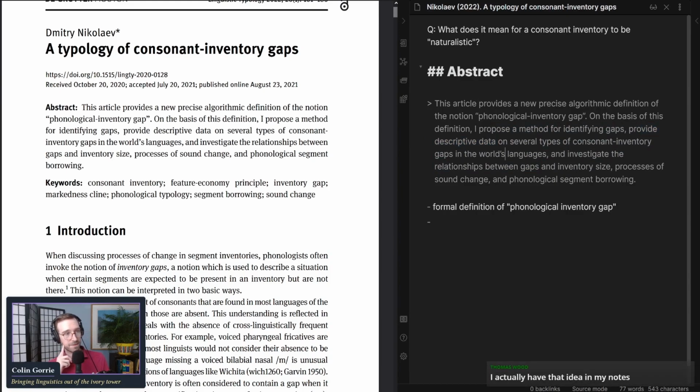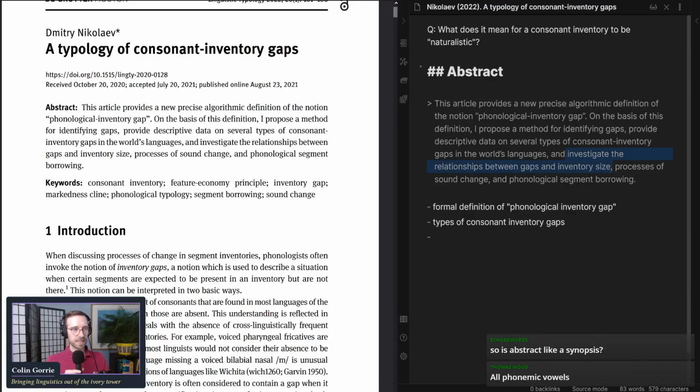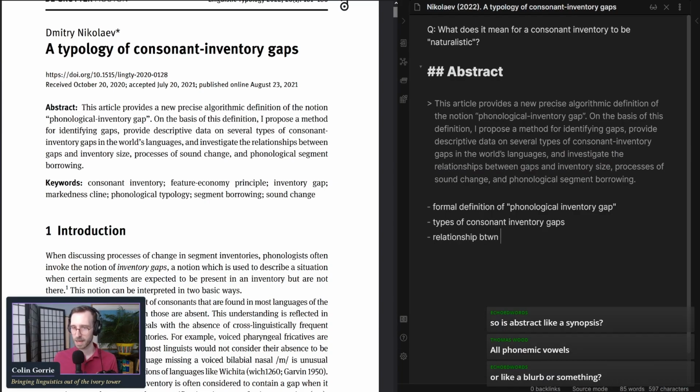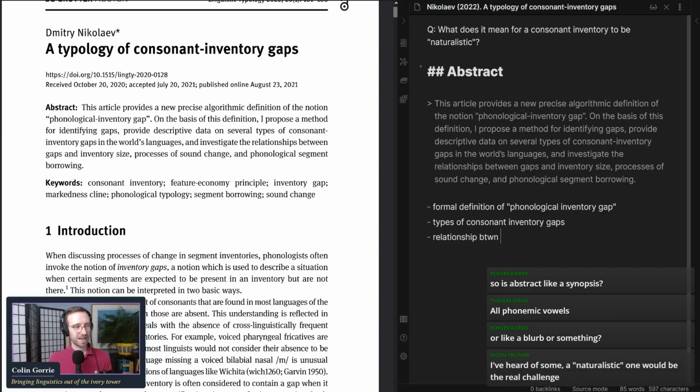Provide descriptive data on several types. So interesting. Types of consonant inventory gaps. Consonant inventory gaps. And relationships between gaps and inventory size. I'm going to use some abbreviations here. Gaps and inventory size.